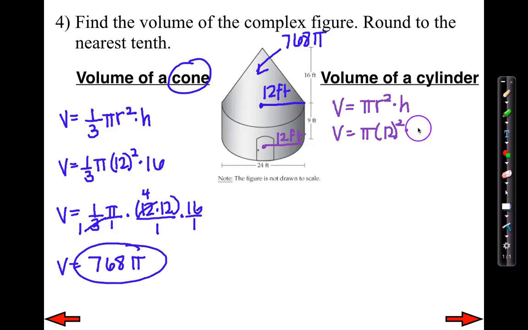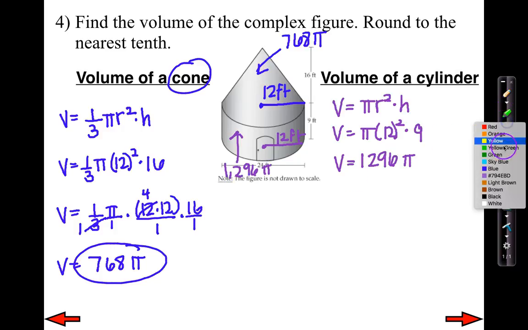The height is marked as 9 feet. So all we're going to have to do is square 12. I do know that that's 144, so I'm just going to put 144 times 9, which is going to give me 1,296 pi.